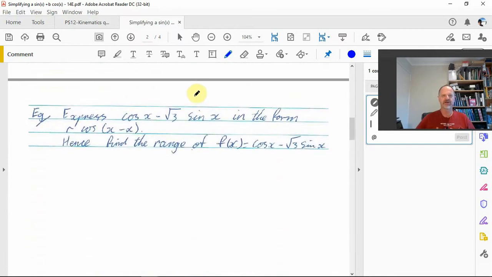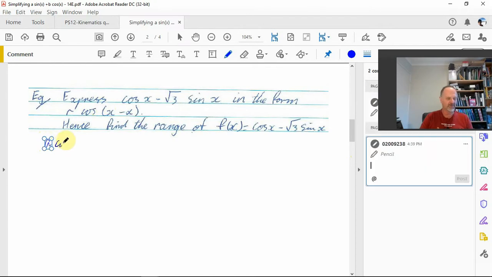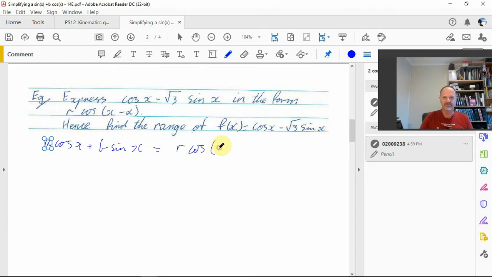So something like this. Express cos x minus root 3 sin x in the form r cos(x - alpha). So we are looking at a cos x plus b sin x being r cos(x - alpha).